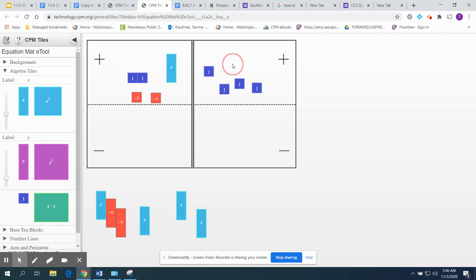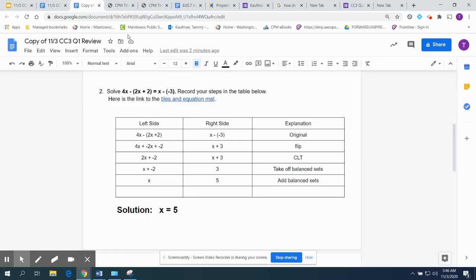The point of doing that is so that now I have 0 pairs. So now I can take the 0 pairs off and I'm done because I have x by itself on the left side and 5 on the right side. So x is equal to 5.